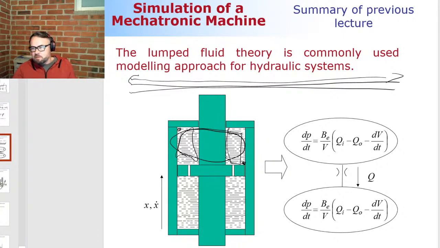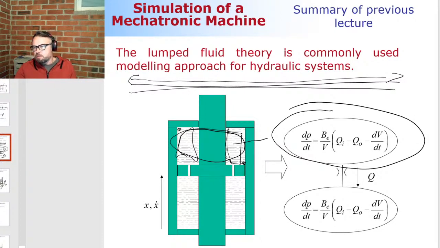Back to this damper, here, this is a volume where the pressure is computed by using this differential equation. Again, flexibility is here, original size, flow rate in, flow rate out. Then the flow can travel through this drilling here. This is accounted for by using these components. Depending on how you put the positive sign, it's going to be either out or in. That's a selection you can make, just be consistent with that and you are okay.